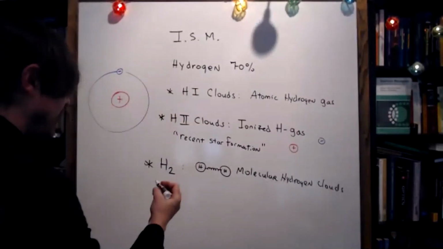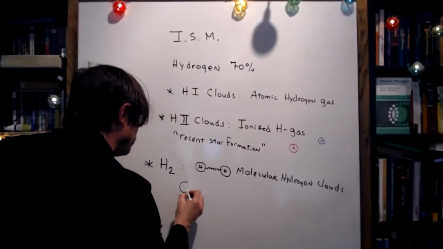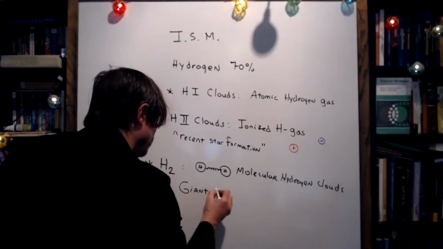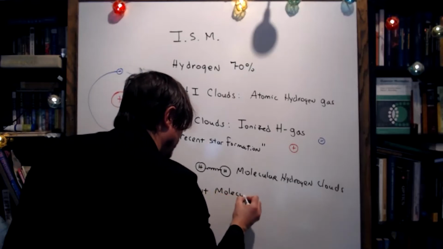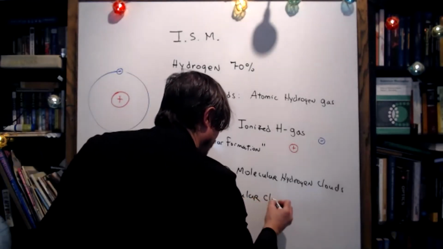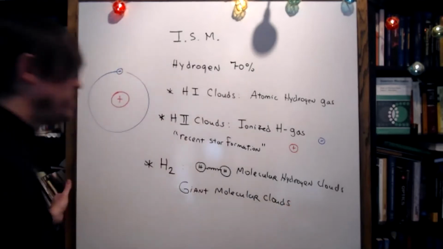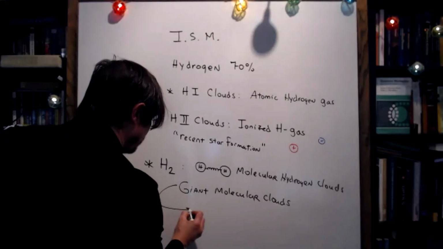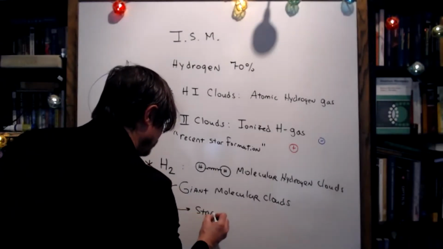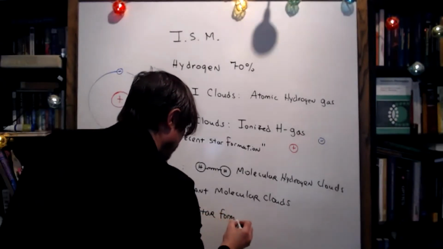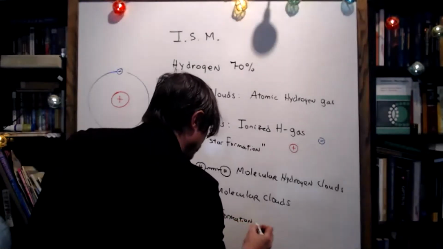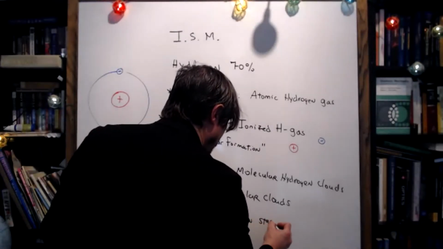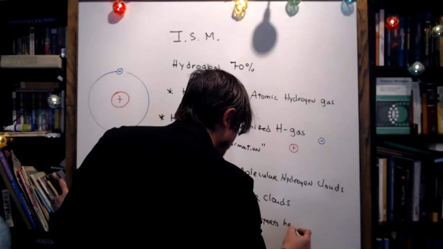These sometimes create giant regions called giant molecular clouds. And the reason why I'm telling you about giant molecular clouds is these are the places where star formation takes place. Star formation starts here.